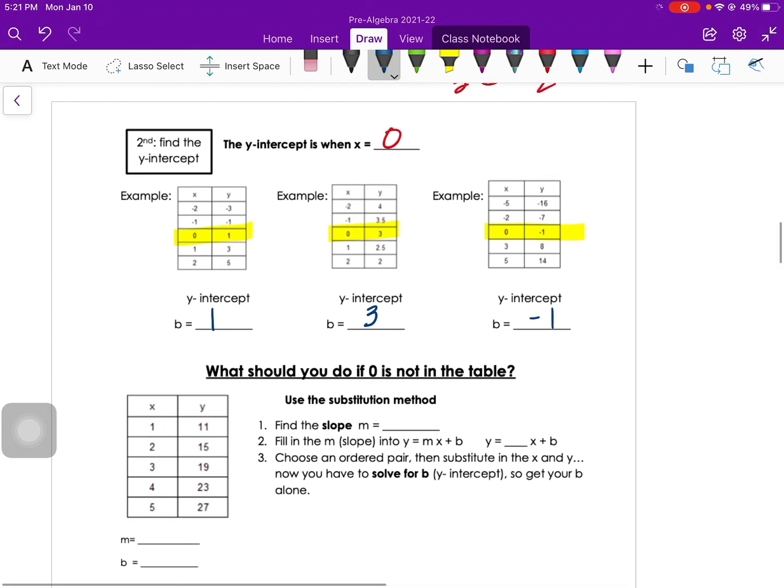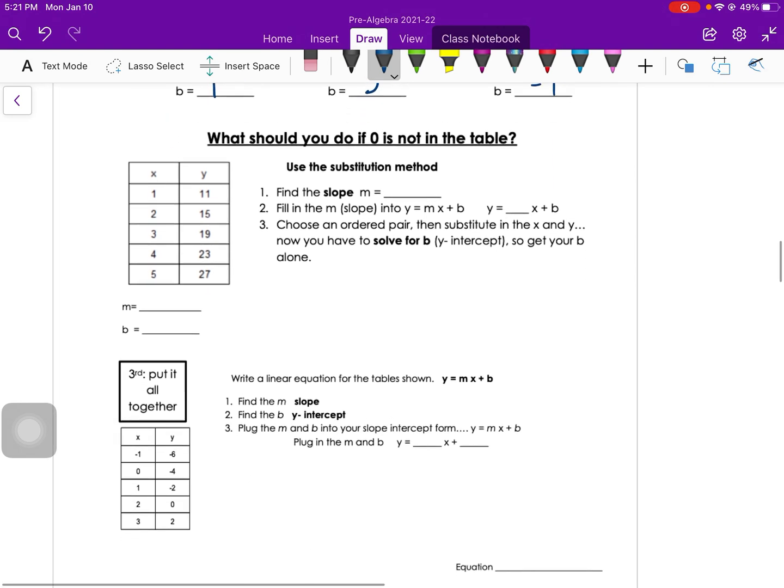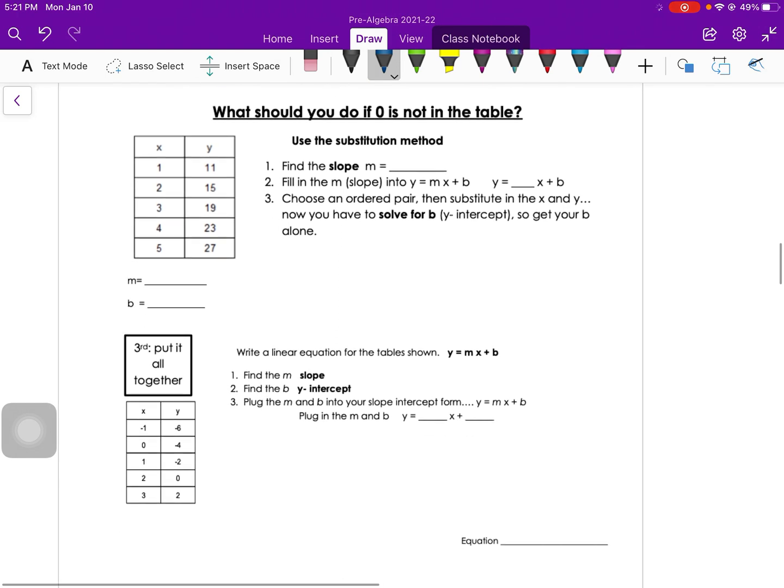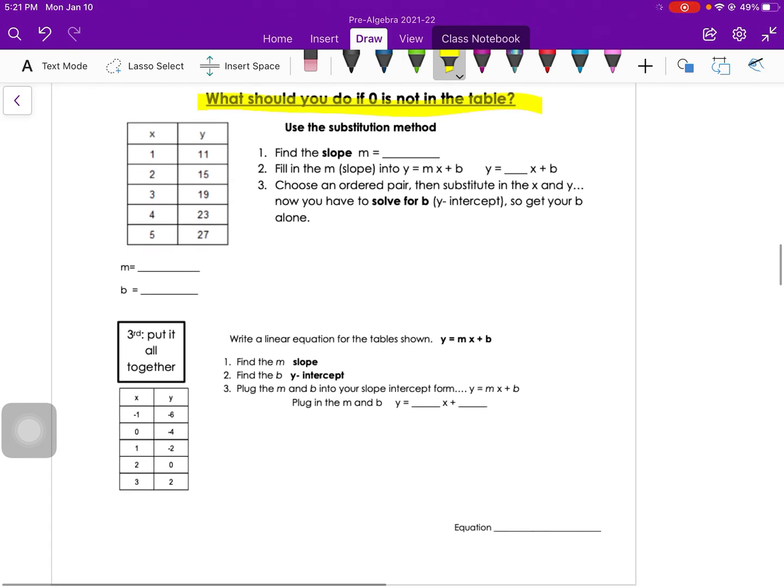Now, that seems really easy, I'm sure, but unfortunately, it's not always so easy. So let's look at this next example. This section says, what do I do if 0 is not in the table? And this is probably the most challenging thing we're going to do, so please pay close attention in this section. So when your y-intercept cannot be found in the table, the first thing we're going to do is still find the slope.